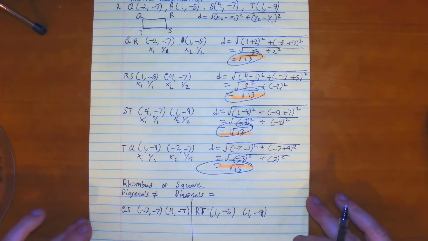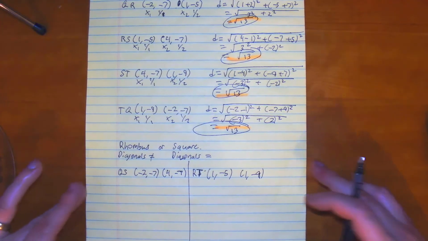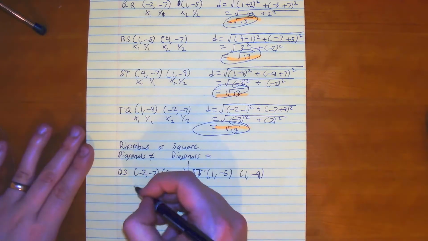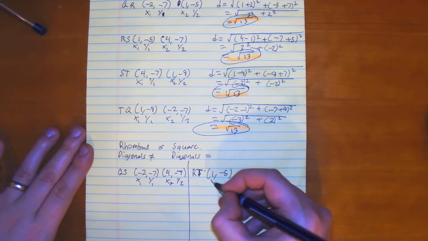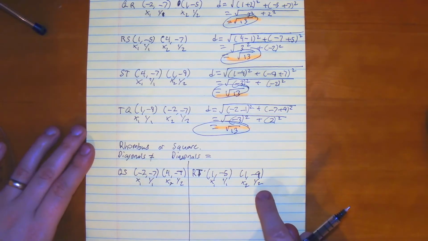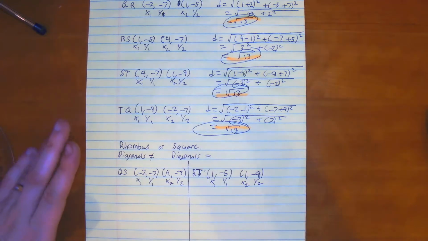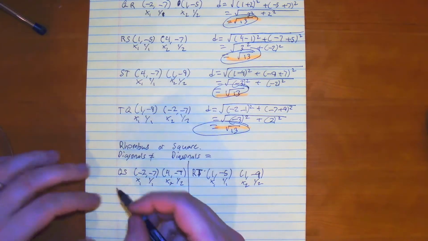Now that we have our points, I'm going to move this all up. What we're going to do here is first label our subscripts, x1, y1, x2, y2, and we're just going to see what our diagonal is going to be. If they're not equal, we've got ourselves a rhombus. If they are equal, we've got ourselves a square.